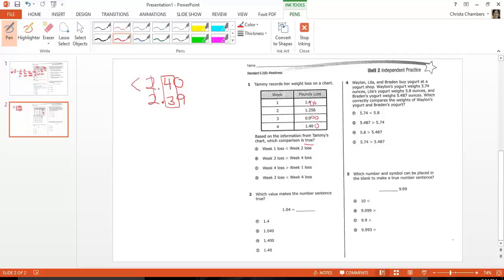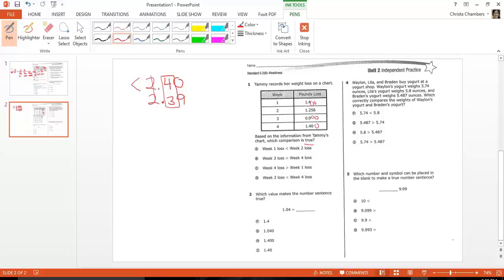Okay, so we can start looking at A. A says week 1 loss is less than week 2. So let's look at just week 1 and week 2. In the ones place, the ones are the same. And right here in week 1, you can see that the 4 is bigger than the 2.